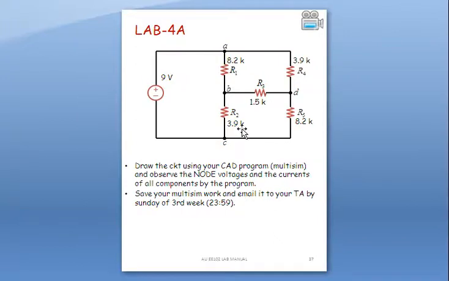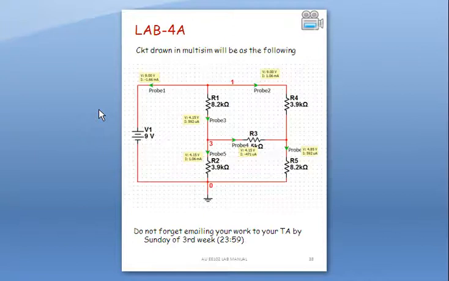Lab 4A part says make the simulation of the circuit on Multisim and email it to your teaching assistant. You will draw a circuit like this, and as you can see, the node voltages are here, and you will email it to your teaching assistant.